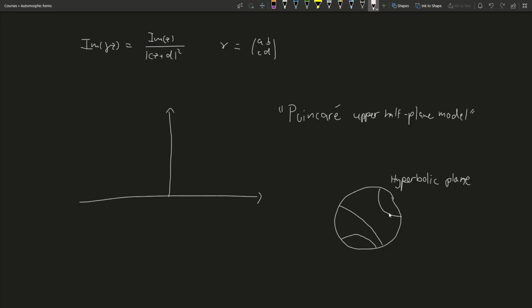This is called the disk model. The Poincaré upper half plane model is really due to this Italian mathematician Beltrami.